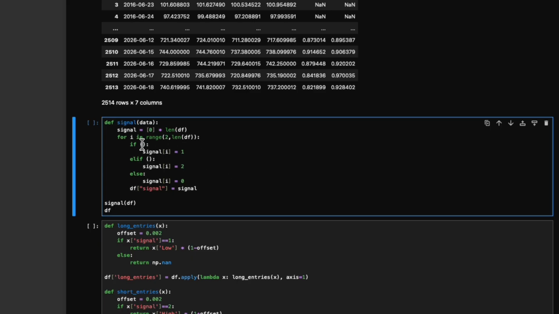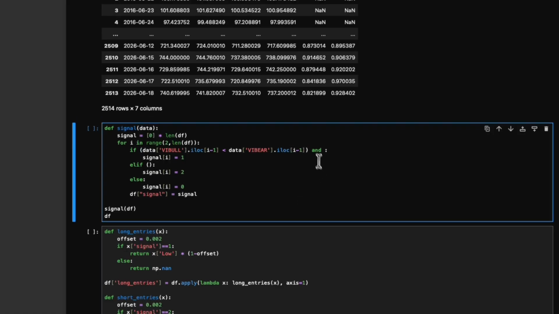So what we're going to say is if our VI bull yesterday, so that would be .iloc i minus 1, was less than our VI bear yesterday, so .iloc i minus 1, and I'm just going to copy that to save a little bit of time and to save on spelling mistakes.